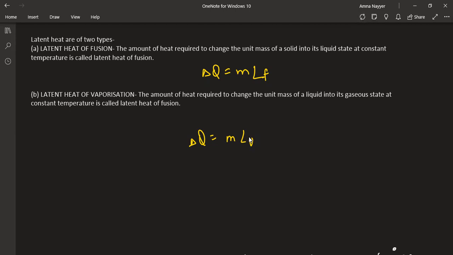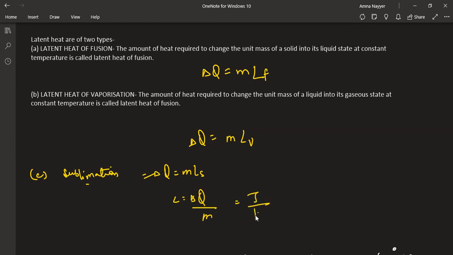All right. Sublimation is also there. Sublimation is sometimes given, so you can add that part, because in some questions sublimation can also be given. Same thing, delta Q is equal to mL_s for sublimation. So L will be equal to delta Q divided by m.